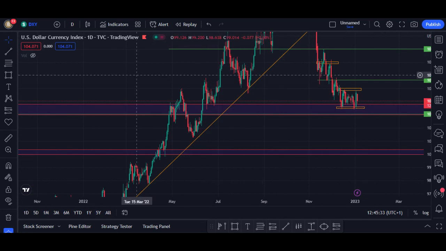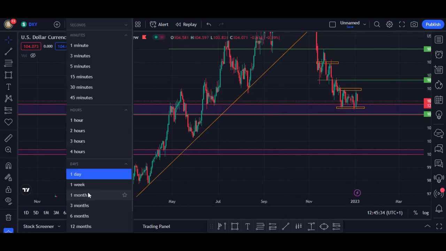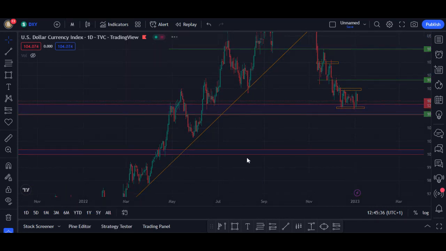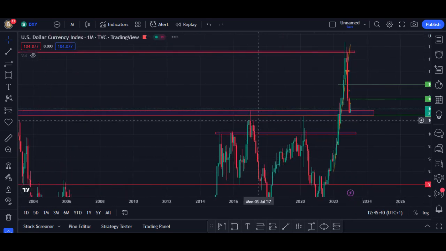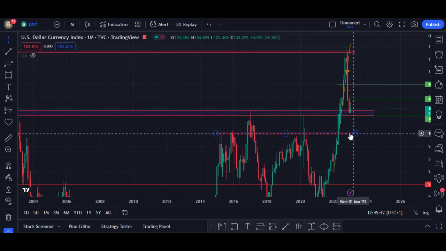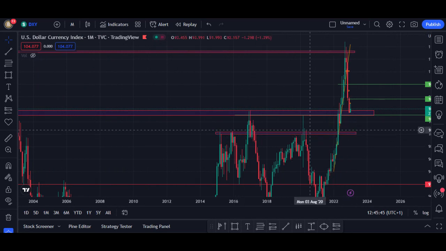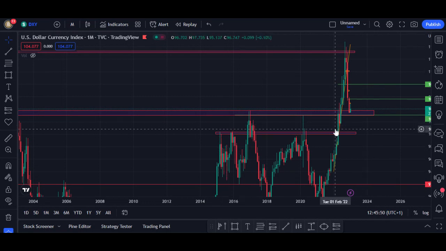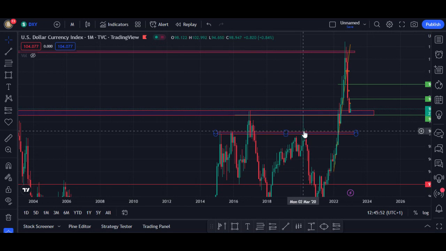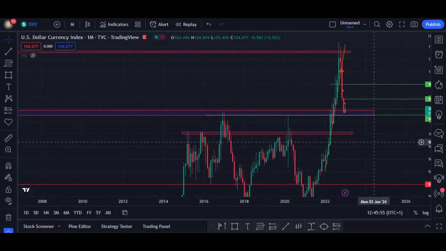Guys, I label my higher time frame zones with pink color. If you scale back to the monthly time frame, you can see this is a shoulder for a head and shoulder formation that was formed between February 2015 and March 2020, right?